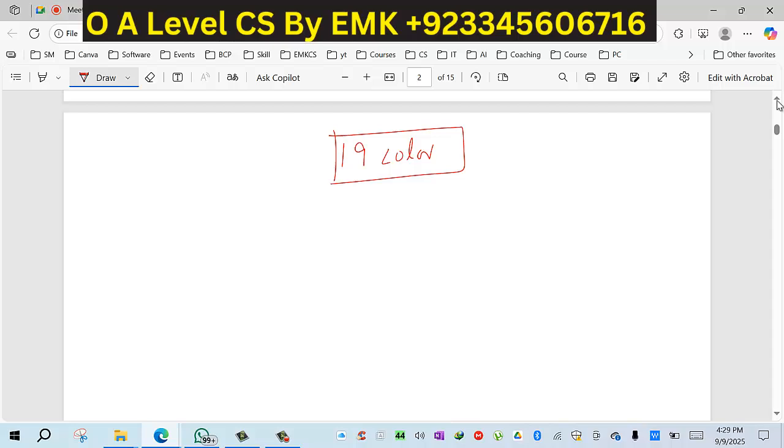So for that purpose, how many bits you need to have per pixel? So we have a formula for that. The formula is 2 raised to power n. So we need to check what will be the value of n to make the 19 colors. Can you please tell me what will be the value of n then?